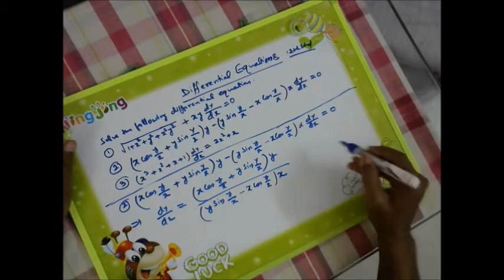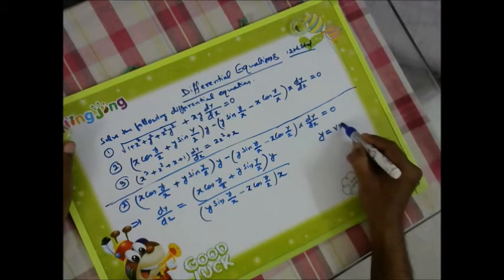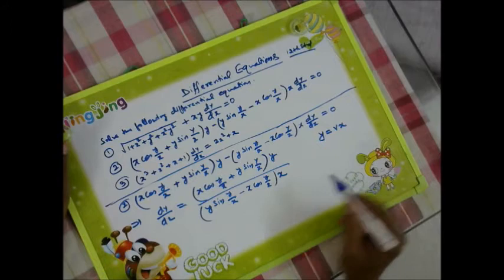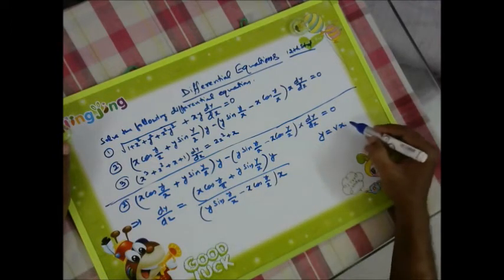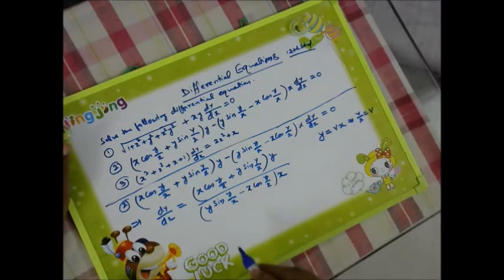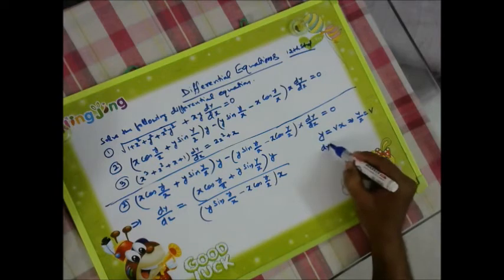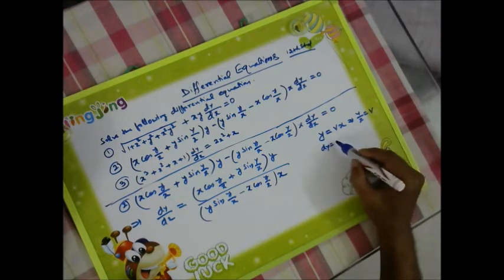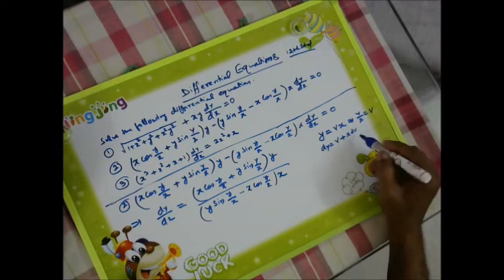Now here we will go for substituting y is equal to vx, because here y by x is there, and from here we are getting y by x is equal to v. Now if we are going for dy by dx, so it is equal to v plus x dv by dx.